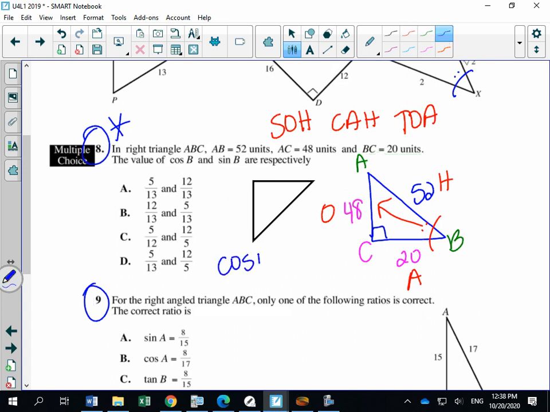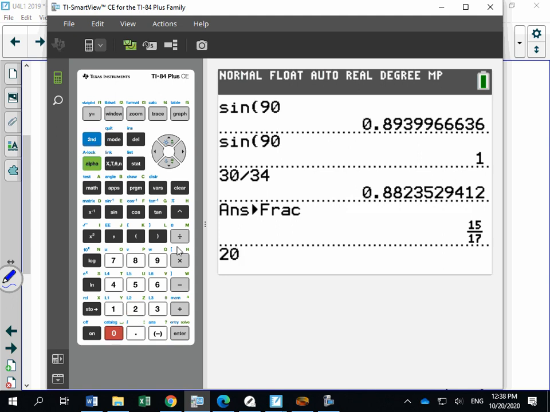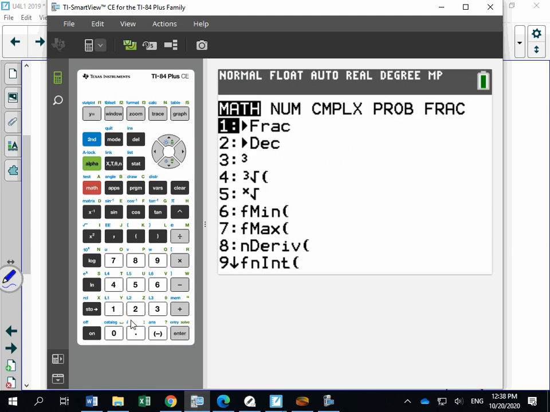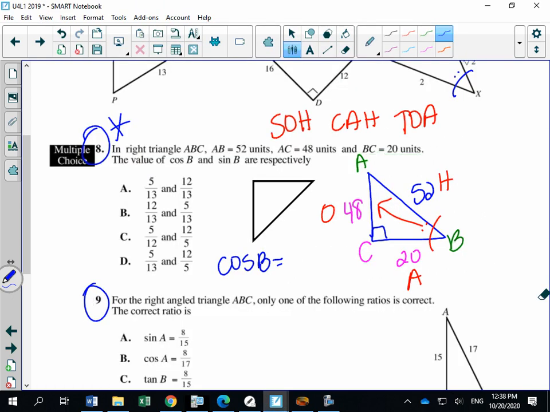So the cos of angle B is equal to cos is A over H, which would be 20 over 52. And if I reduce that, 5 over 13. That's the cos of B.